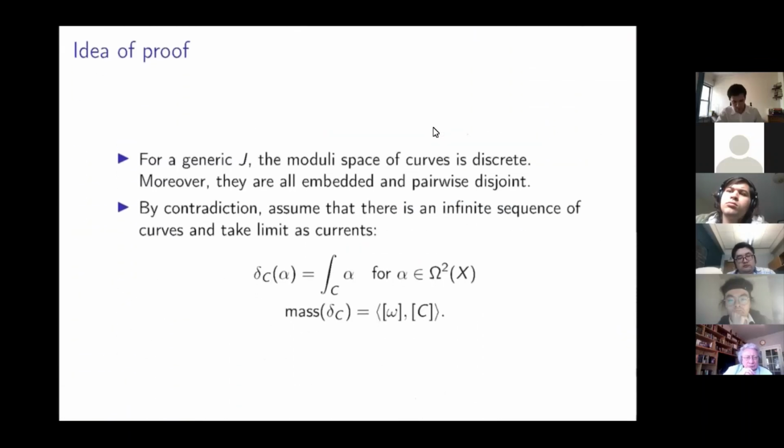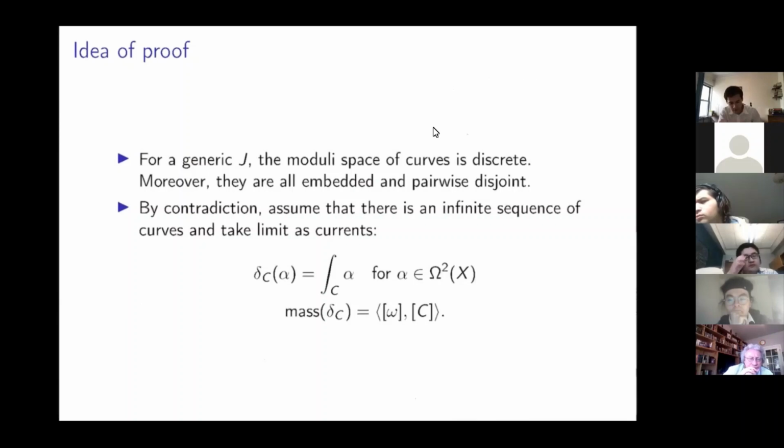I want to outline the main ideas and work of other people involved in the proof. First, you choose a generic J so that the moduli spaces of simple maps, the moduli spaces of curves, are all discrete. This you can always do; it is just a transversality result for J-holomorphic maps.